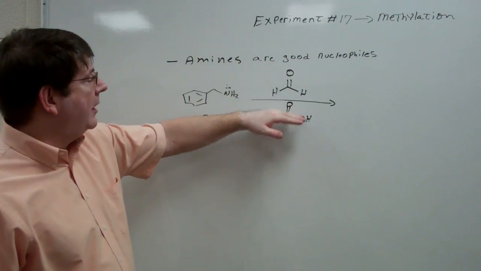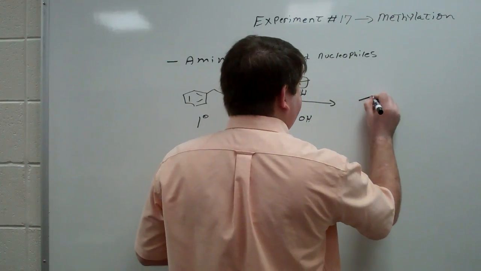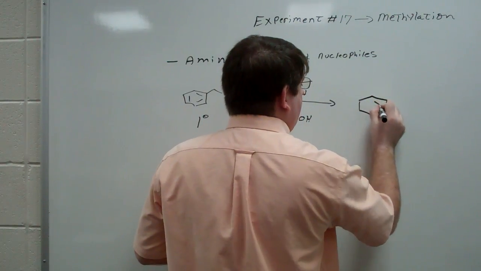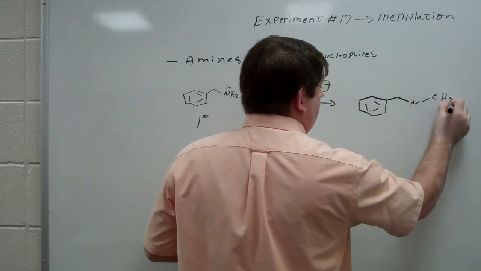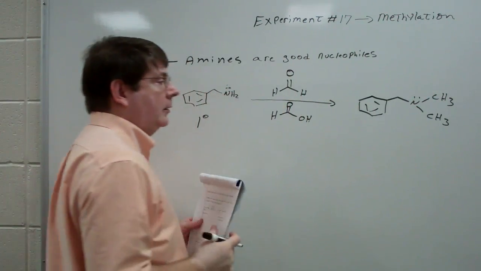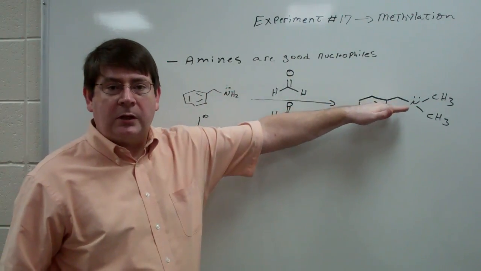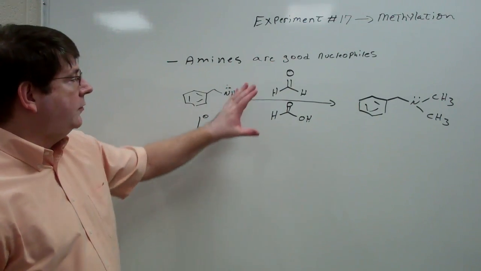We're going to use a mixture of formic acid and formaldehyde, and what we're going to get out of this reaction is a tertiary amine where the nitrogen has two new methyl groups on it, and its lone pair. It will not overalkylate to the salt and precipitate out of solution. And this reaction occurs very easily.